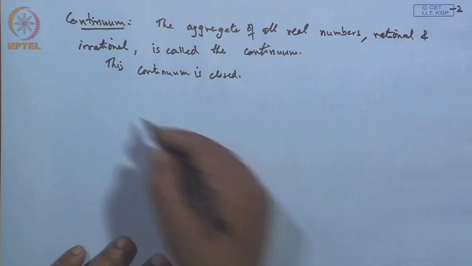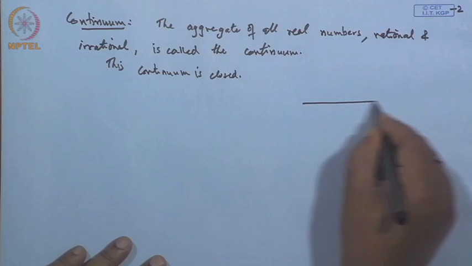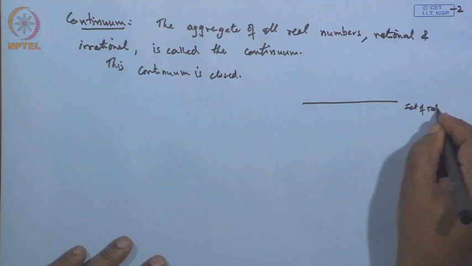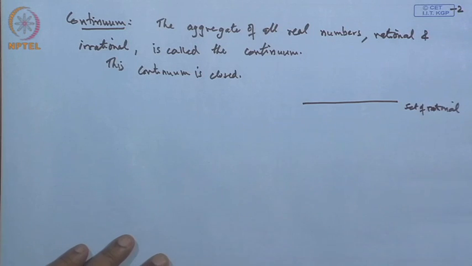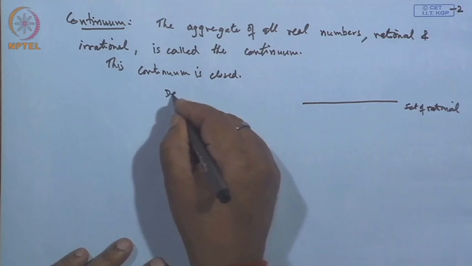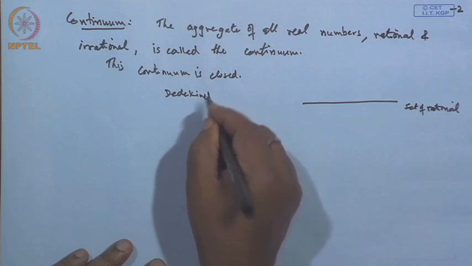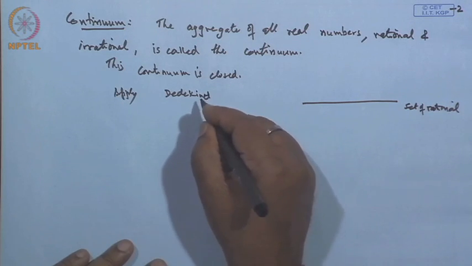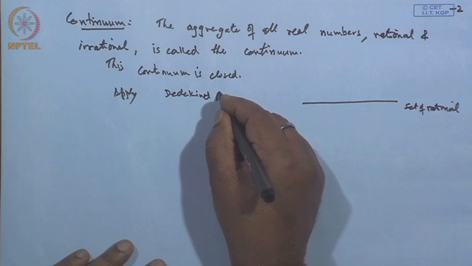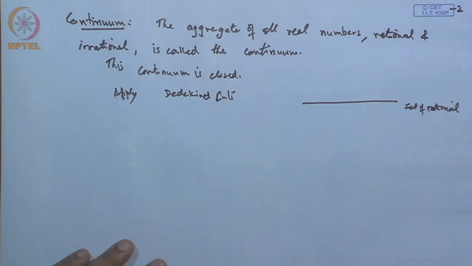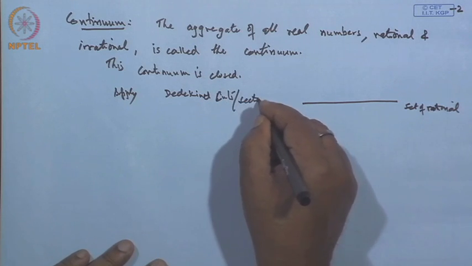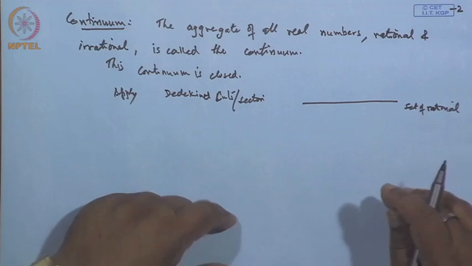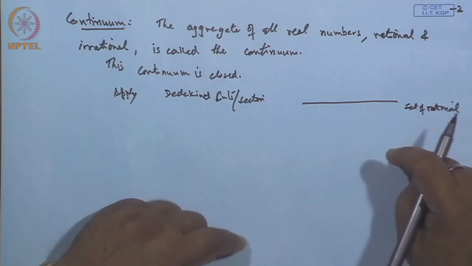So, when we apply the Dedekind cuts or sections over the set of rational numbers, then this collection, in fact, is equivalent to the rational numbers.